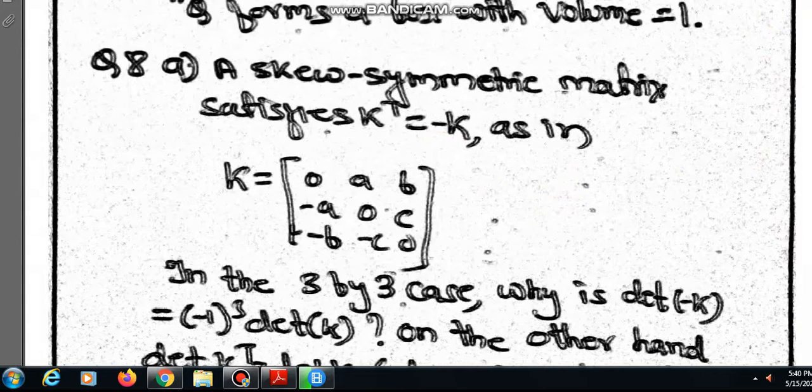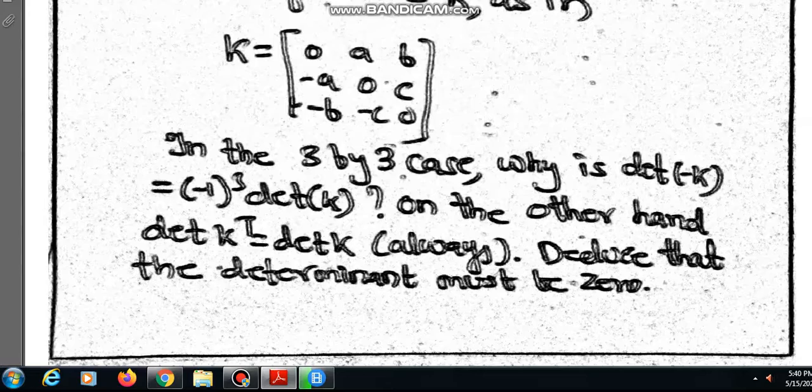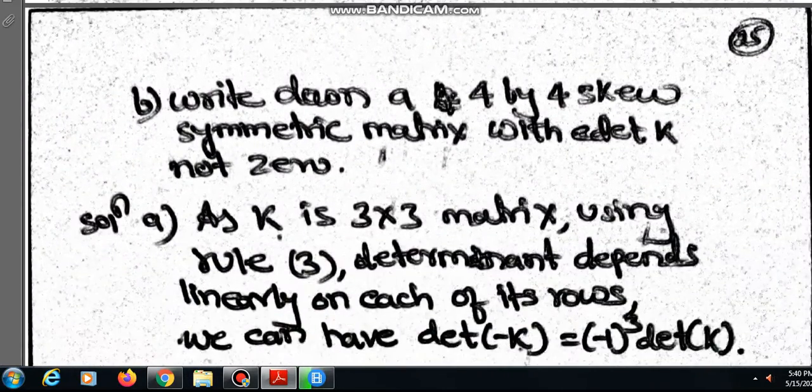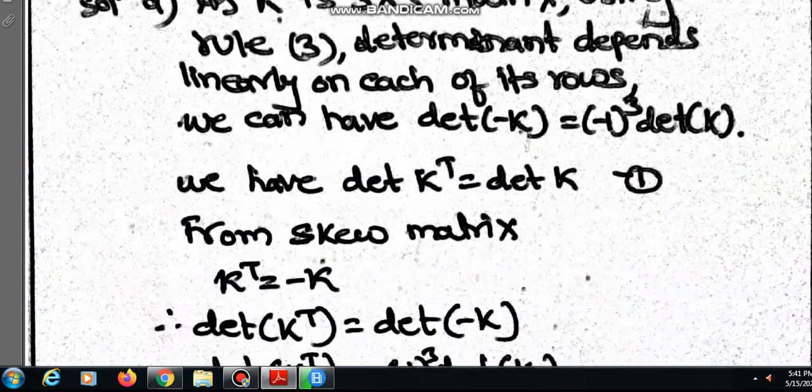So according to that rule, the determinant of minus K is equal to minus 1 raised to 3 times the determinant of K, as K is a 3 cross 3 matrix.